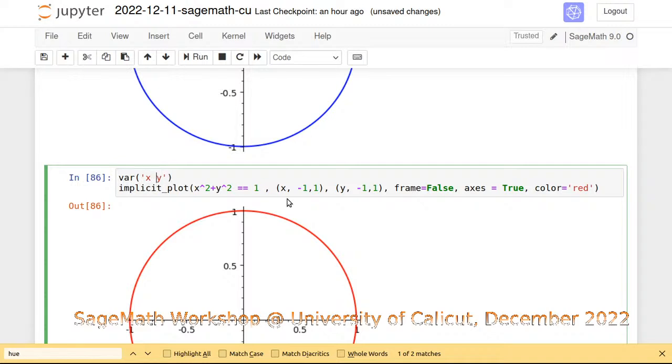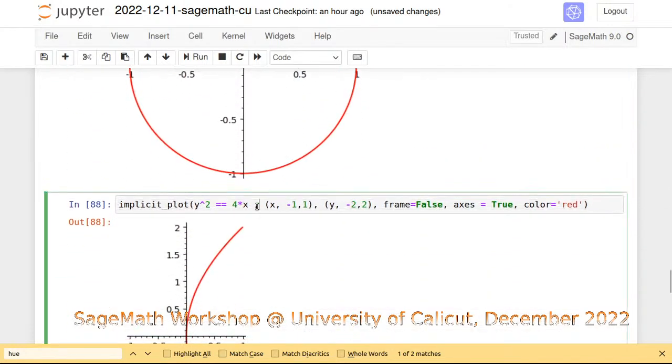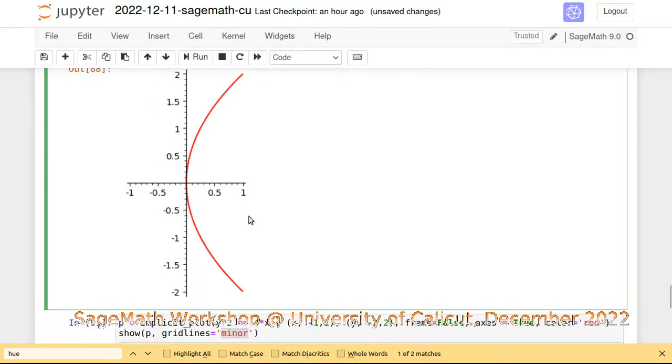Here I have defined x and y as variables, but defining x as a variable is not necessary, because Sage always takes the name x to be a variable even if you have not defined it explicitly. But every other variable name you need to define explicitly. So y you need to define, x you need not define. Once you have defined y in one particular cell, whatever cell coming down, that y will be available to you.